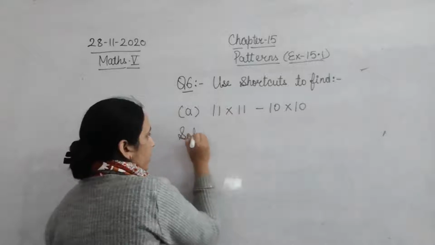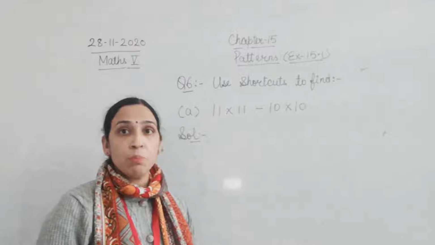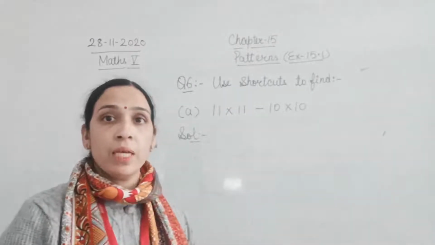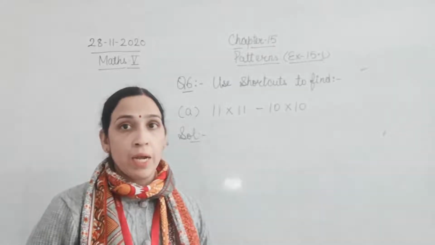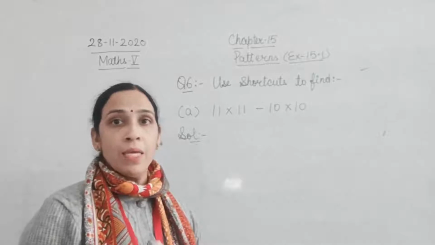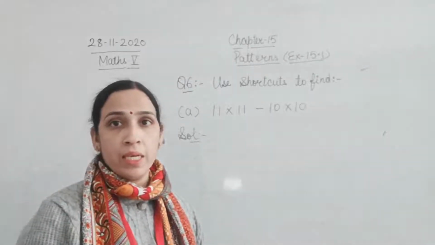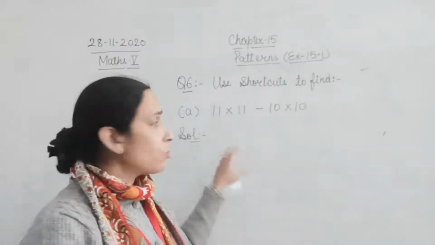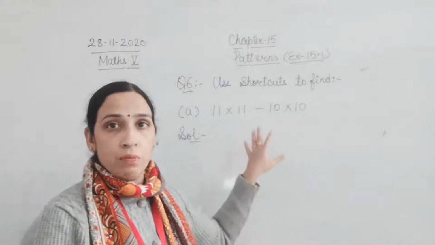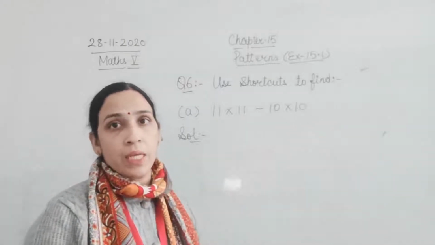So here children, in yesterday's class we did different properties related to square numbers, and in that only we saw how we will find the solution of this. I'll make you recall those properties. One of them is when you have to find the solution of the square of one number minus the square of a second number.